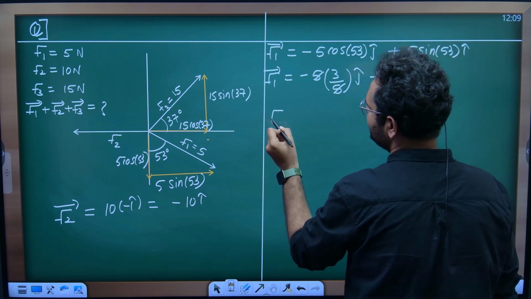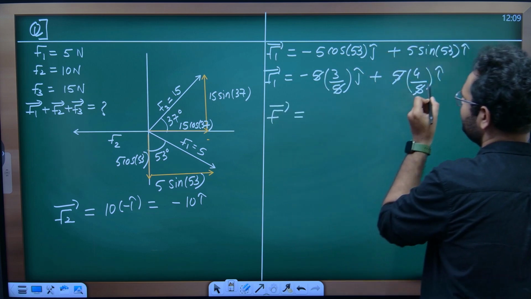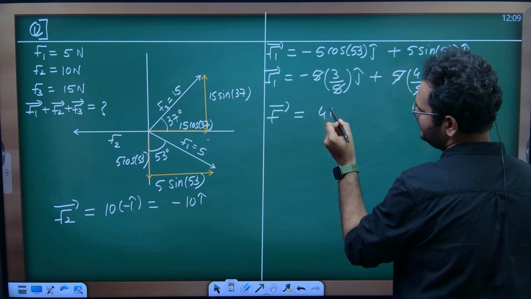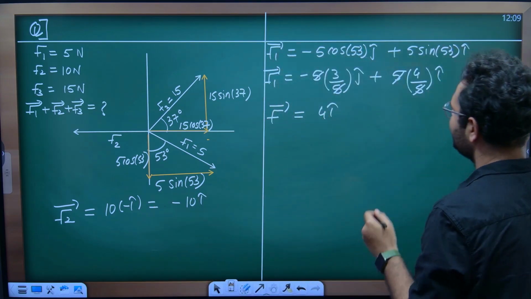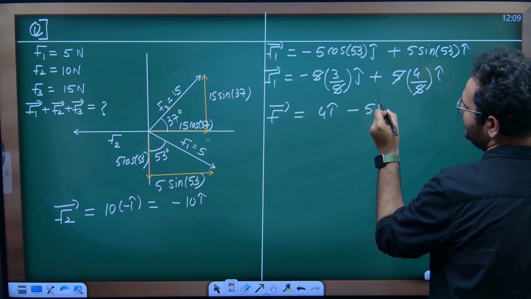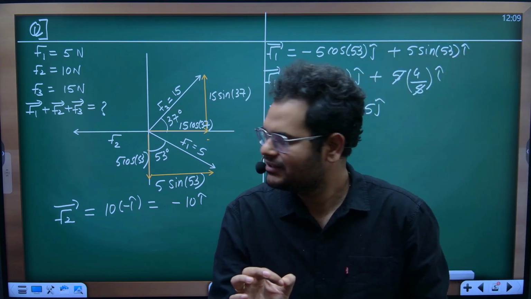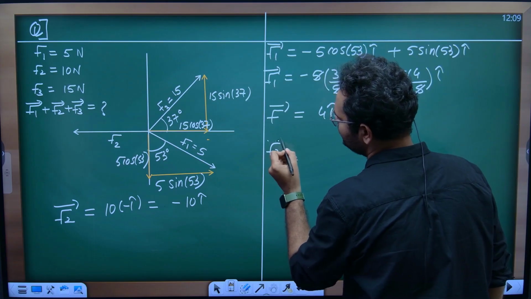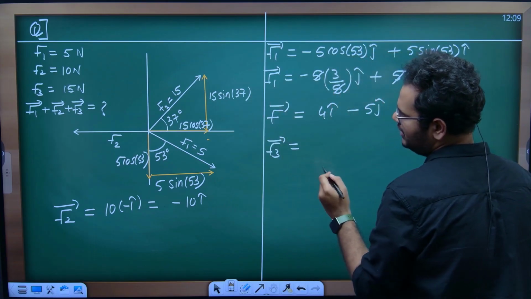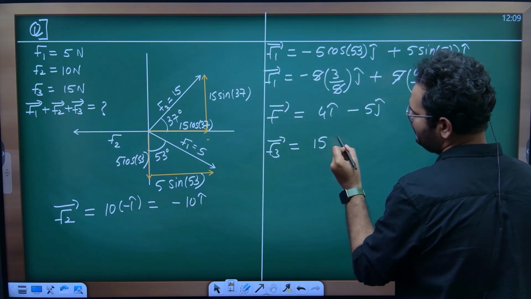I will rearrange and write the f1 vector. First I will write the i component. Generally we first write i and j just for our convenience. So it is 4i and minus 3j. Can you tell me similarly what is f3? You should tell before me, sir. f3 vector is equal to 15 cos 37. Now we will be very fast.